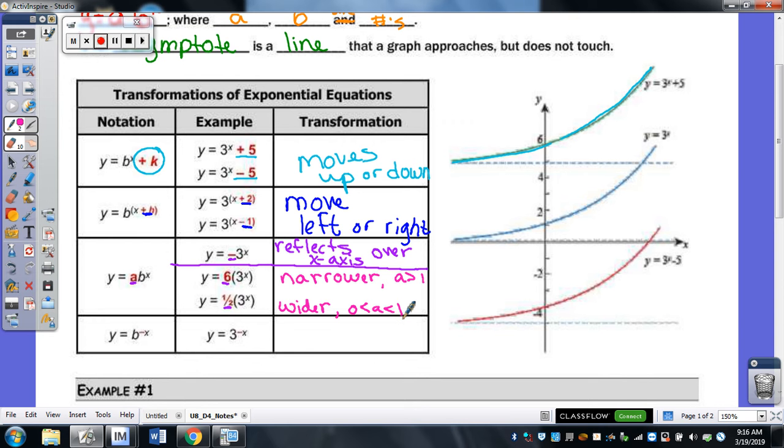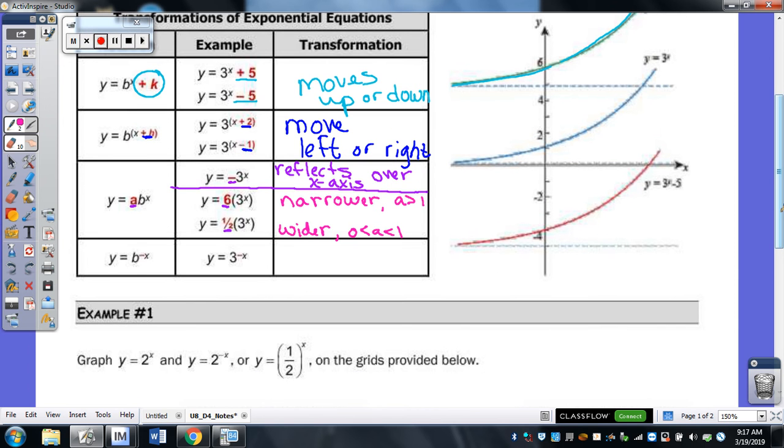You can reflect it, you can make the graph narrower, or you can make the graph wider. And then our last one, if your negative is right there with the x, so in this case our negative is right here in our exponent spot, that one reflects over the y-axis. So again, same transformation rules we had before, so we'll keep practicing them.